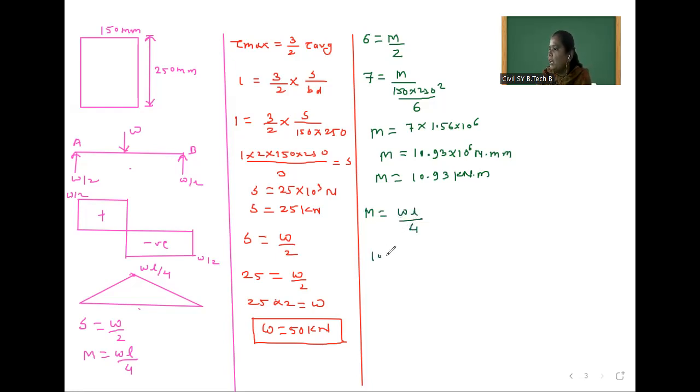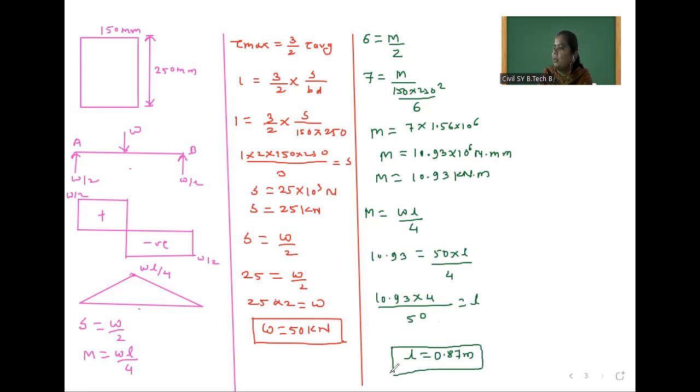So the moment 10.93 is equal to W, which we already calculated as 50, into L divided by 4. So 10.93 into 4 divided by 50 is equal to L. So L is equal to 0.87 meters. So likewise, you have to solve inverse problems.